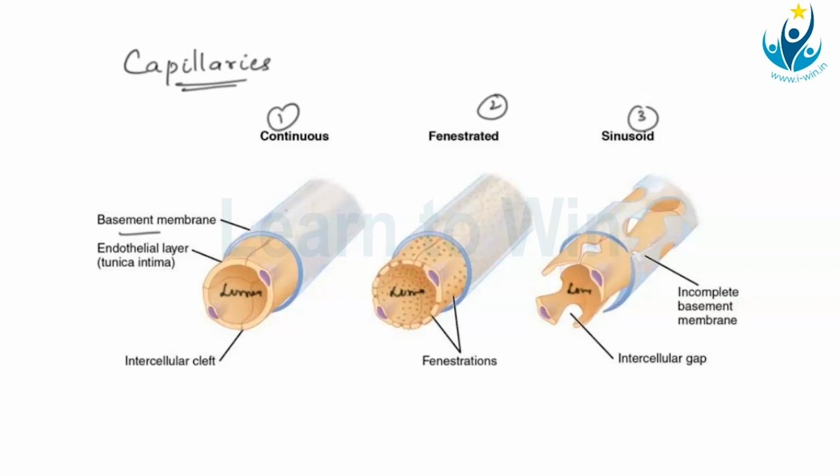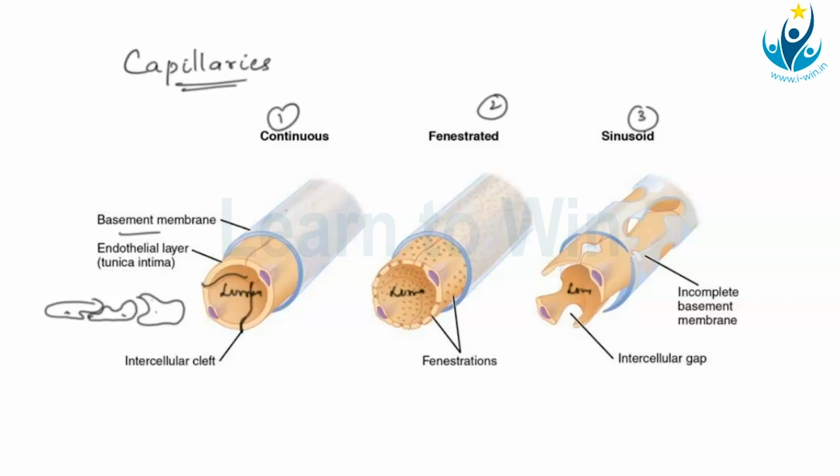In the continuous one, there are no gaps between the cells, just very small clefts. The endothelial cells are present as if they are pieces of a puzzle joining together. This type is called a continuous capillary.